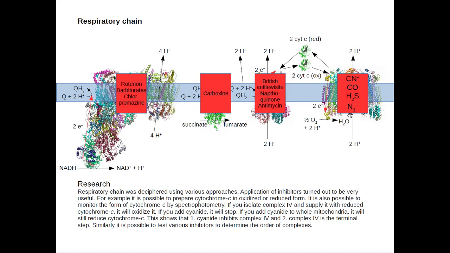So for example, the cytochrome oxidase enzyme, the complex number 4, can be blocked by cyanide, by carbon monoxide, or by sulfide, or by azide, and all these toxic compounds are toxic mainly because they block this enzyme, and these toxic compounds played a role in deciphering how the respiratory chain works.